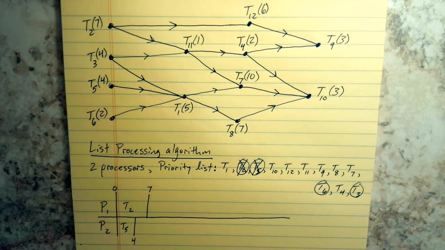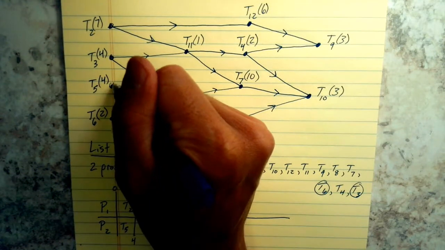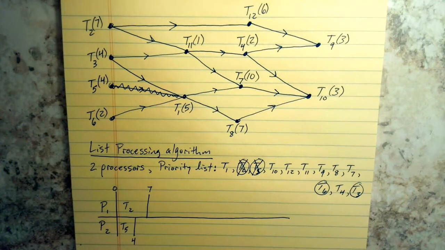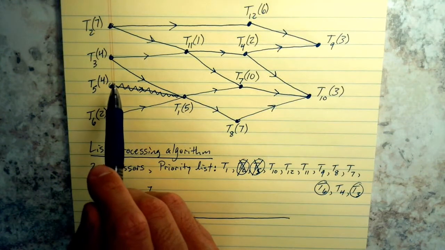So then I just keep going ahead in time until something is completed. So that means time 4. That's the first time that something is completed. So task 5 is done, which means that I get to remove it from the digraph. If this were in pencil, I would just erase it, but scribbling it out indicates that task 5 is done.